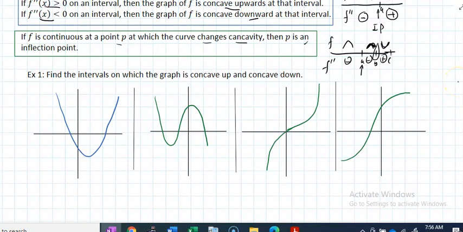Now, in the first set of problems, you're given graphs, and we want to find the intervals on which f is concaving up or down. And here you're going to approximate. If I draw a parabola, doesn't that mean that this function f is concaving up from negative infinity to positive infinity everywhere? If I look at this as a parabola, and this as a parabola, doesn't it break about right there?